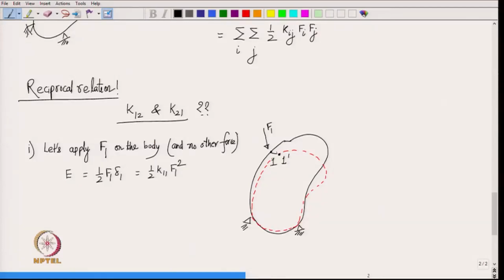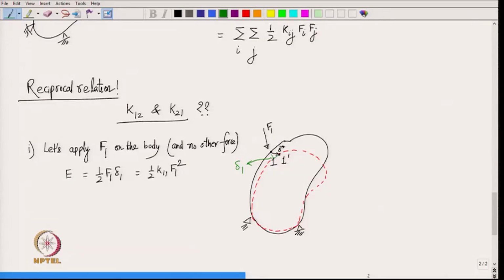So, this is your total displacement delta, that is a delta vector, and then you find the component of it in the direction of the force, and that is your delta 1, the corresponding displacement. Okay. And energy stored is half of K11 into F1 square.